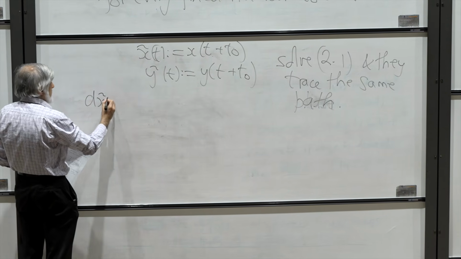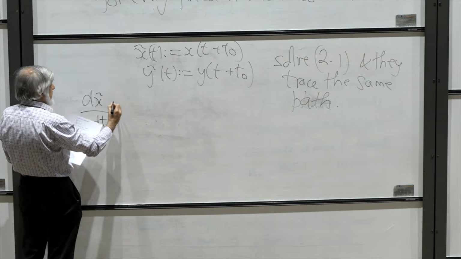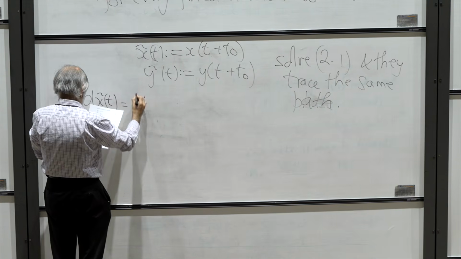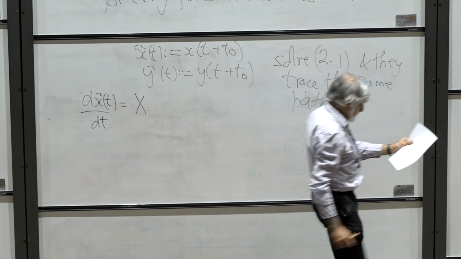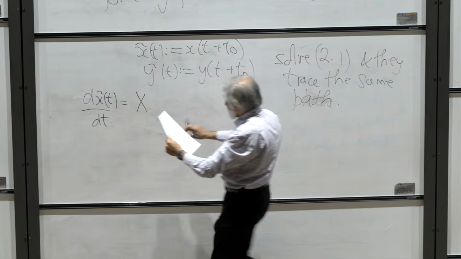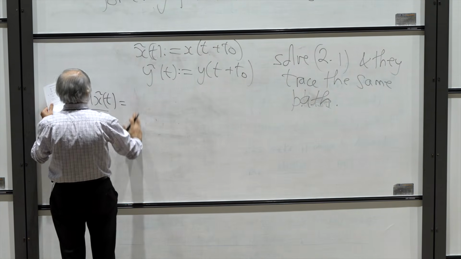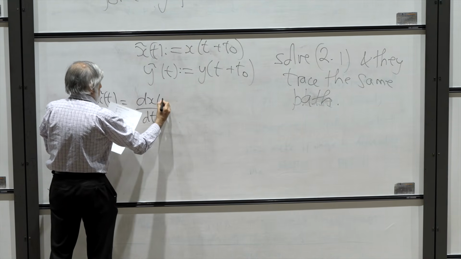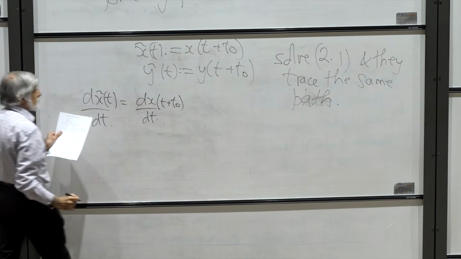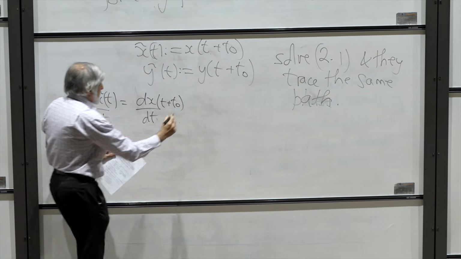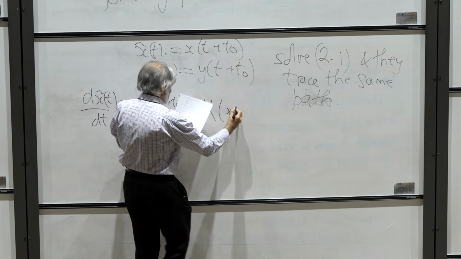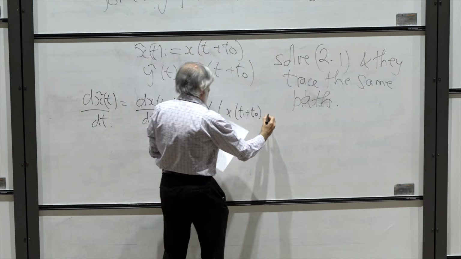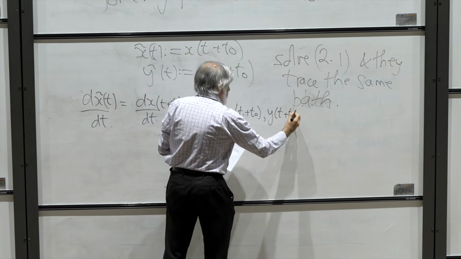Well, dx hat by dt is going to equal X of x of t plus t naught, y of t plus t naught.